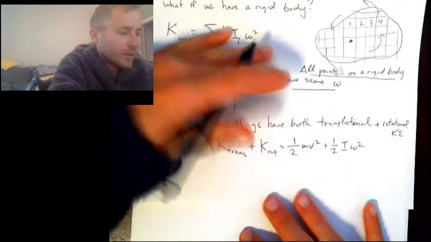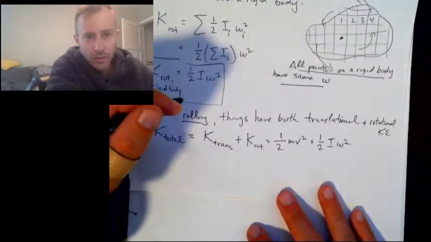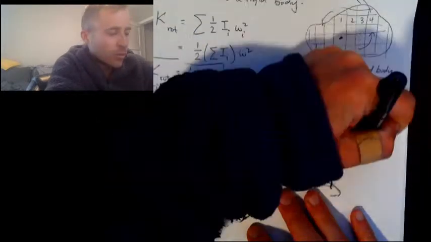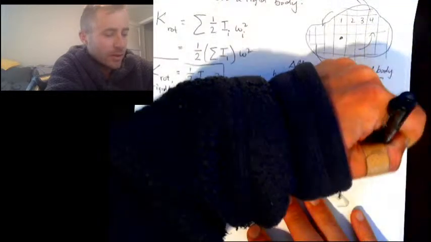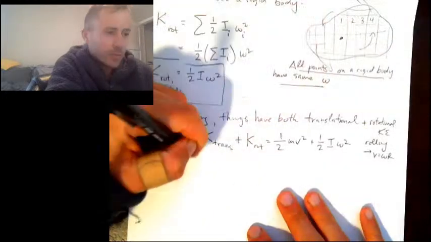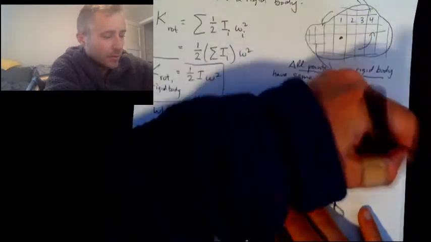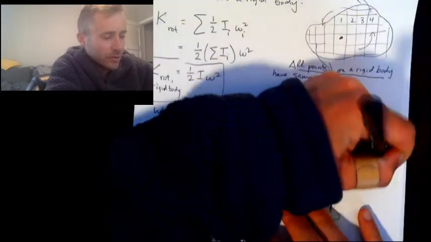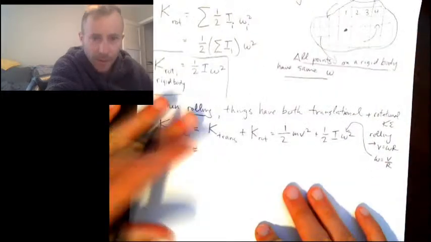Okay? Now, because this thing is rolling, as we discussed in the previous lesson, rolling implies that v equals omega r. So I can actually substitute in for omega. I'm going to write omega is equal to v over r, and I'm going to plug that in right there.